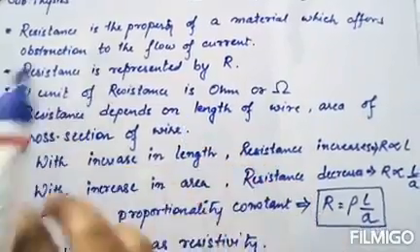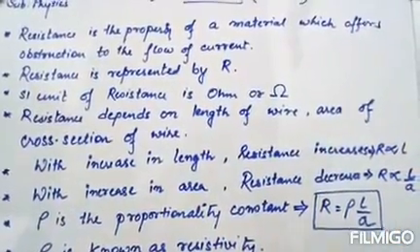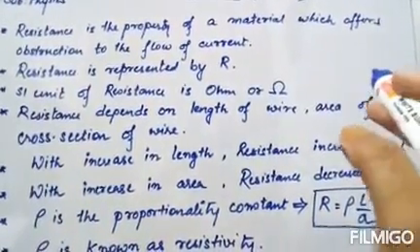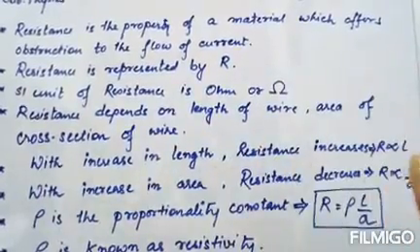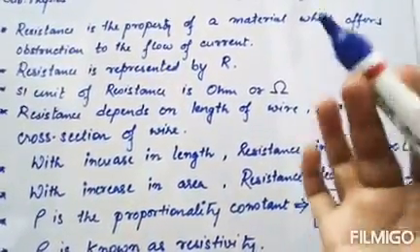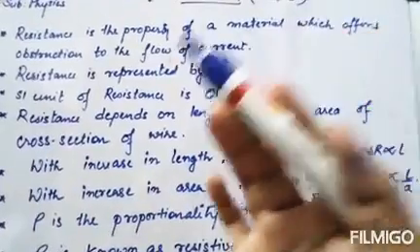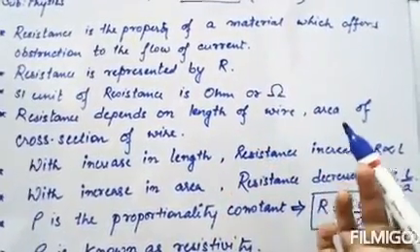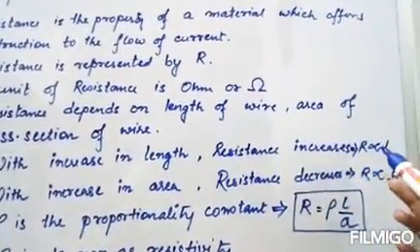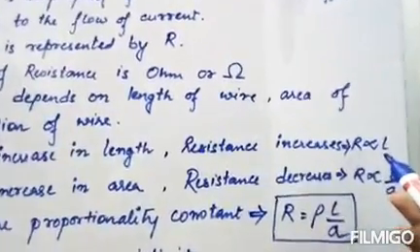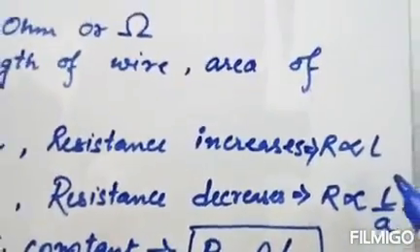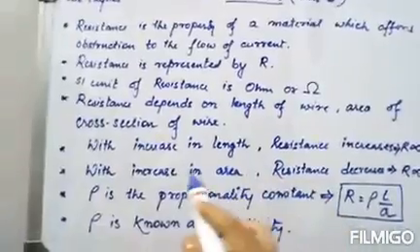As I have told you, suppose you are moving in a crowded road, more will be the crowd, more your speed will slow down, because more obstructions you will be getting. So we can represent it by saying R is directly proportional to L, where L is the length of the wire.